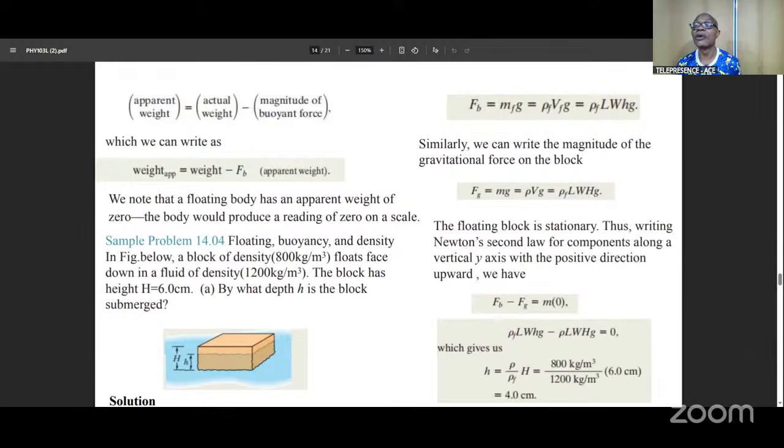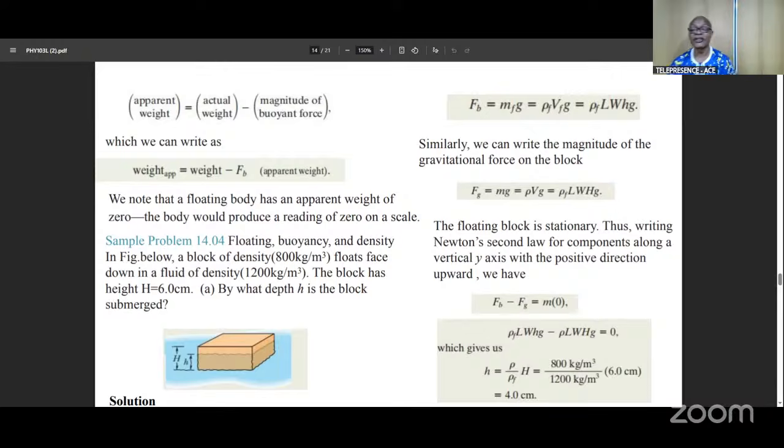And then again, you can write the volume in terms of the length, width, and the height. So that's the expression that we have above there. Then the gravitational force, we can also write as the mass of that object and the acceleration due to gravity. So similarly, we can write it like that.